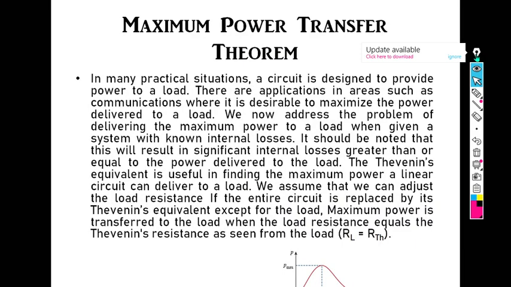Maximum power transfer theorem. It is already known to you in basic electrical for DC circuit that in a linear bilateral network, if I take a resistive load and it is connected to a DC network, this load will receive maximum power when the load resistance equals the internal resistance, or we can say Thevenin's equivalent resistance of the source network as seen from the load terminals.